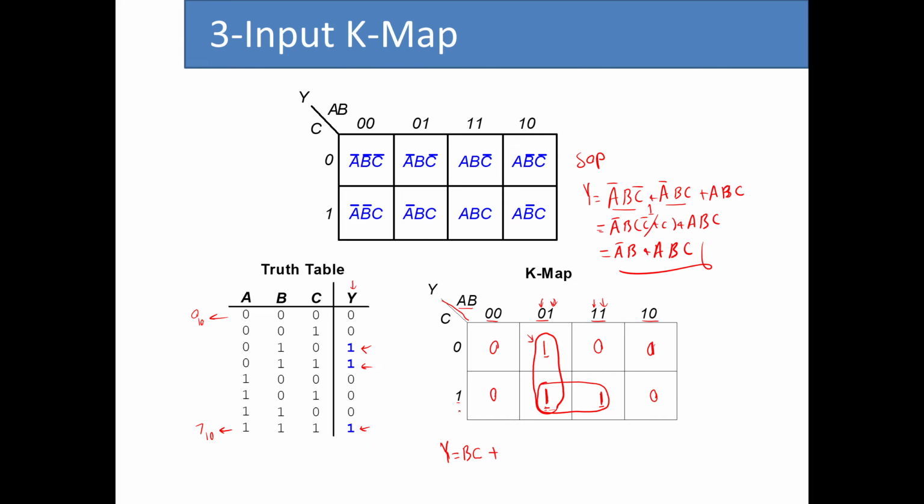So since it can have both 0 and 1, that means that it is not included. While we have A to be 0, that means that we have A bar, and we have B to be 1, that means we have B itself. So this is the final simplified equation that we can come up with using the 3-input Karnaugh map.